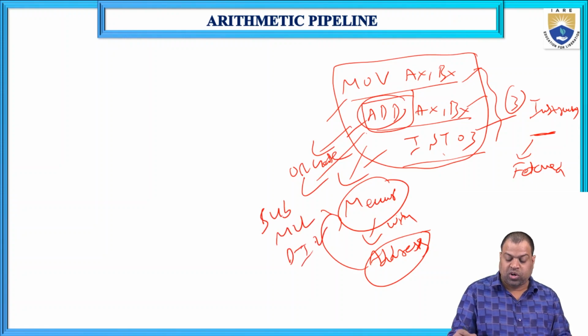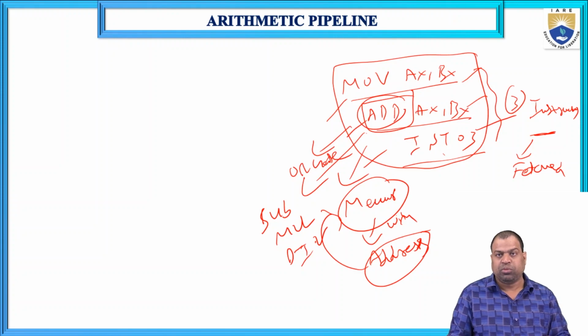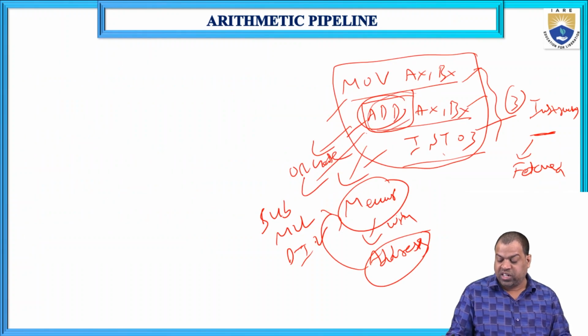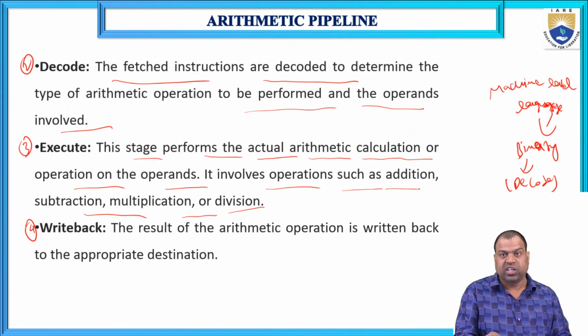There are 4 types of arithmetic operations defined here. So in this execution stage, suppose I defined add, meaning addition. Definitely in the execution time, the addition should be processed.